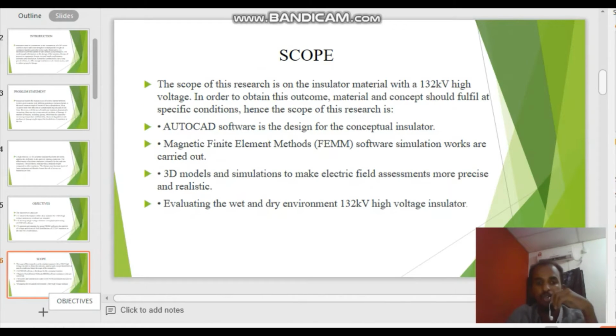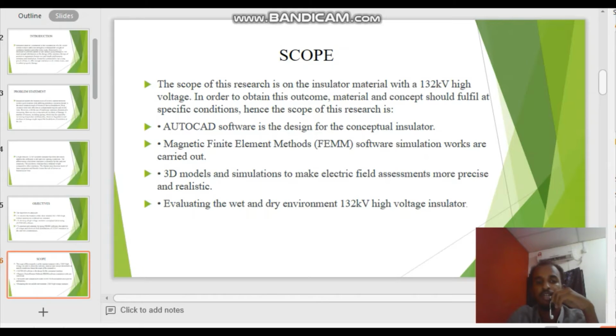Scope. The scope of the research is on insulator material with a 132 kV high voltage. In order to obtain this outcome, material and concept should fulfill a specific condition. Hence, the scope of the research is: one, AutoCAD software is used for the design of the conceptual insulator.